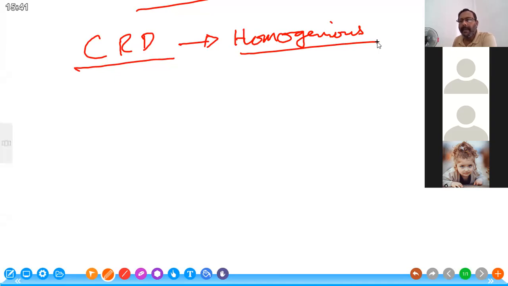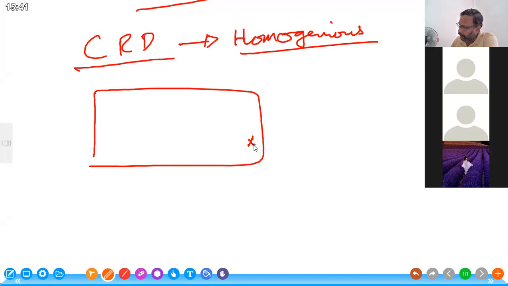Tissue lab or laboratory. Yeah. So usually if you take the laboratory, the condition here, here, here, all are more or less the same, right? Laboratory, plant house, net house, all these we can assume that the environment is more or less homogeneous, so that we can apply this, right?